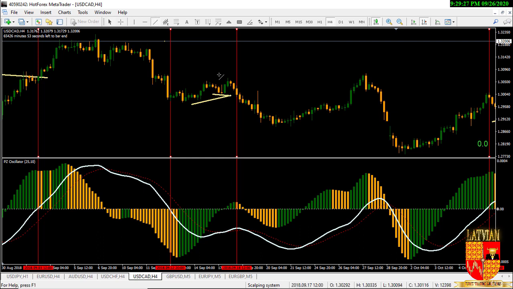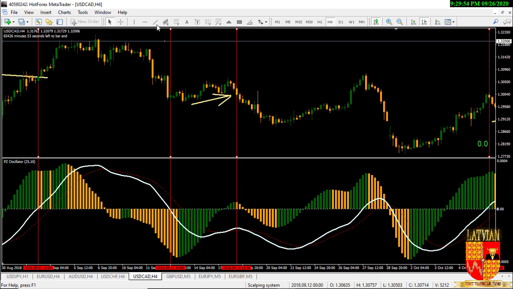And to check out the strength of the retracement, you have to look at the histograms. During this period when they are green above the zero line, it means that the retracement is gaining a lot of momentum to the upside.